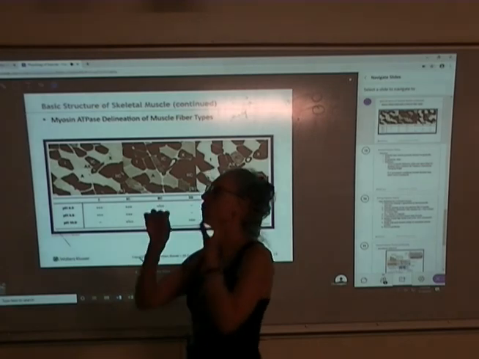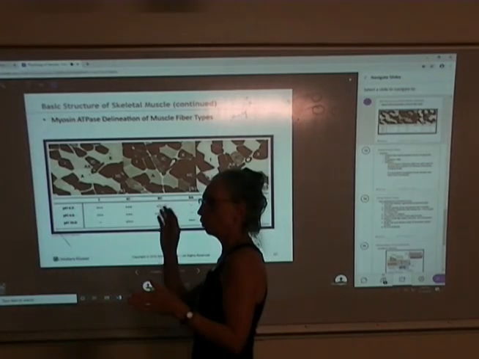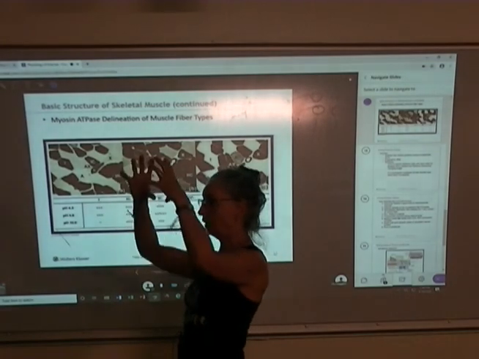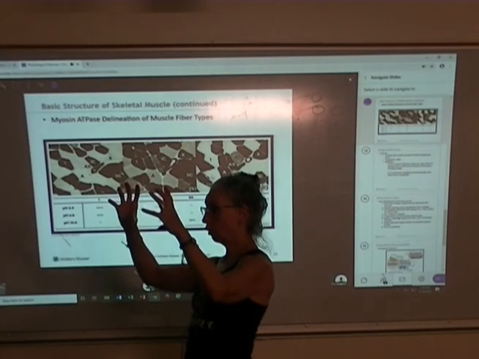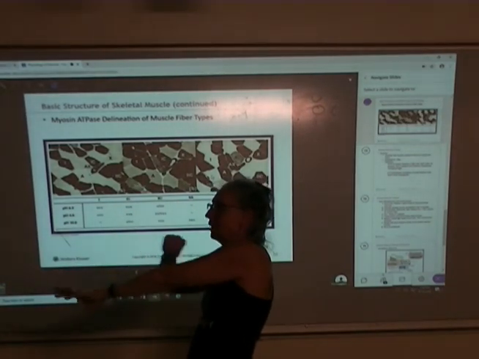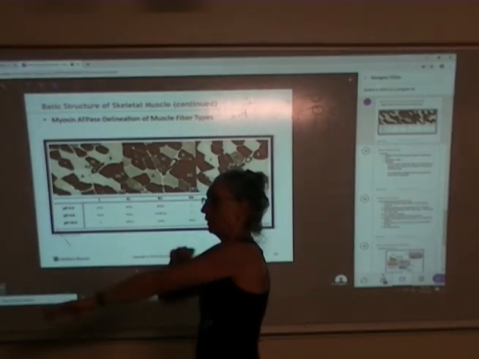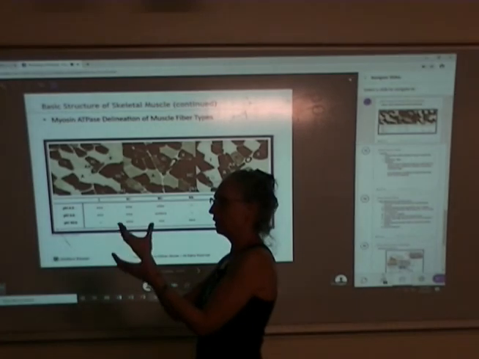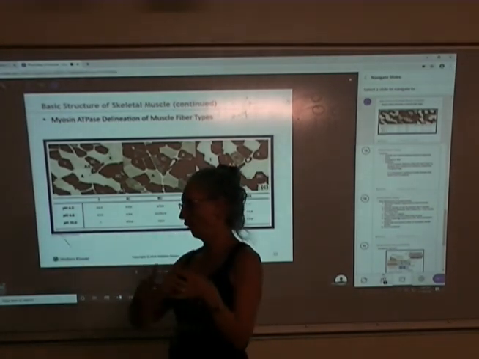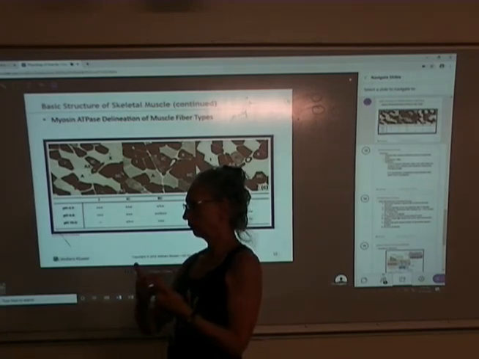Right? The muscle fiber, the muscle cell, is type 1 or type 2. So the muscle itself, when we look at the entire organ, is made up of different type 1s and type 2s. And the ratio of type 1s and type 2s is going to dictate what that muscle is good at and not so good at. Does that make sense?